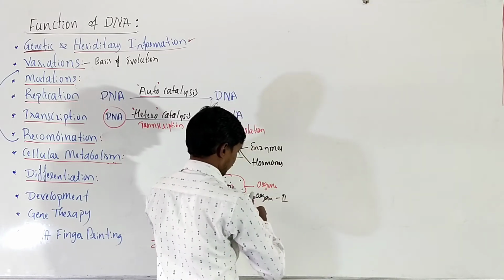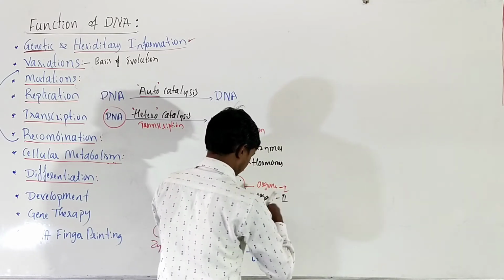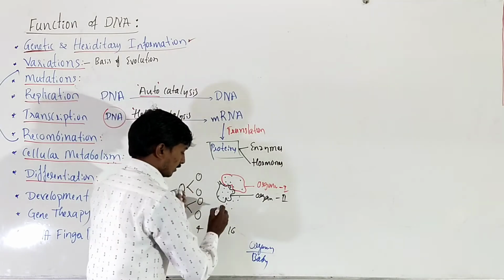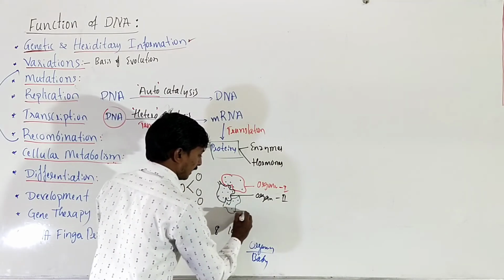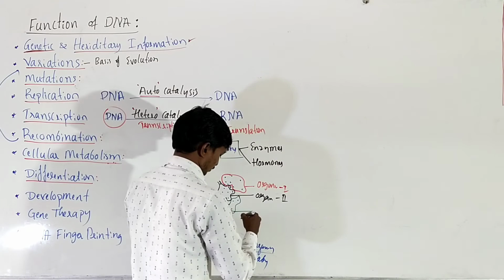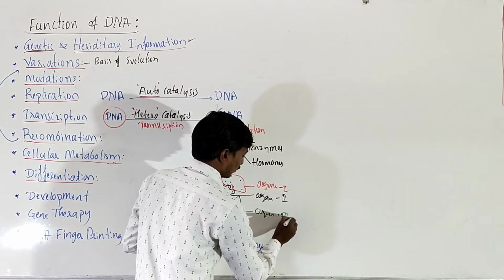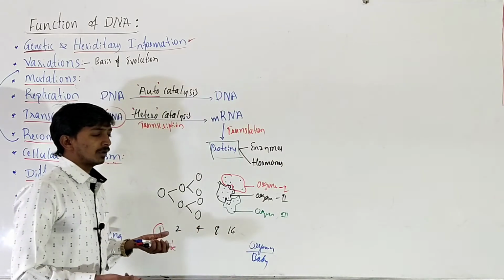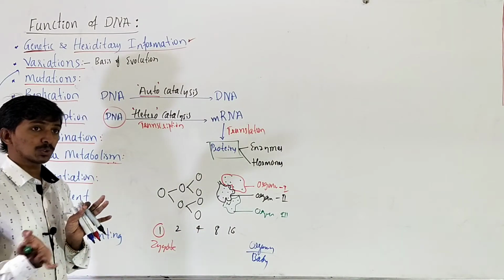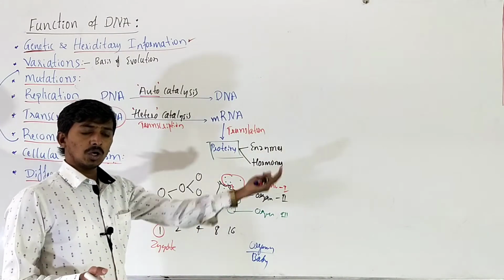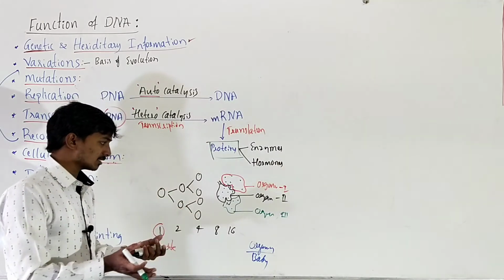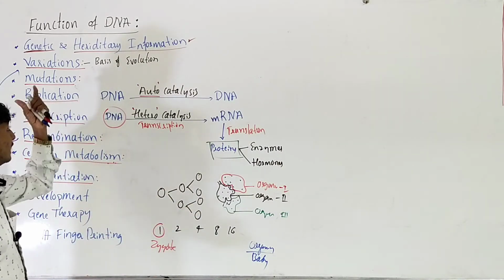Organ 1, organ 2, and a few more cells will form another organ. Like that, a group of cells will form a tissue, then tissues will form organs. So the organization levels will increase. That's only because of the DNA.